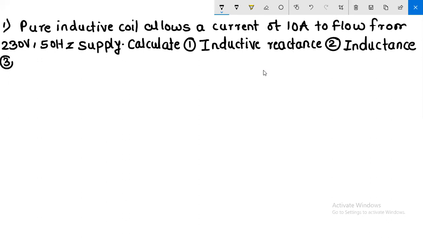And third, write down the equation of voltage and current.